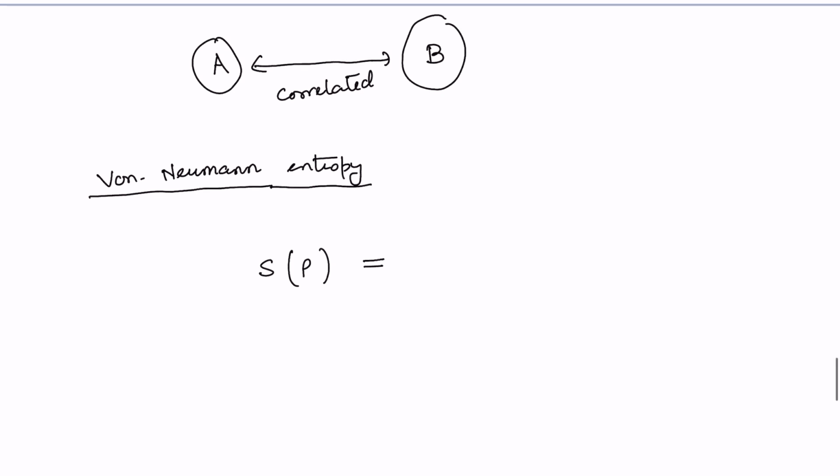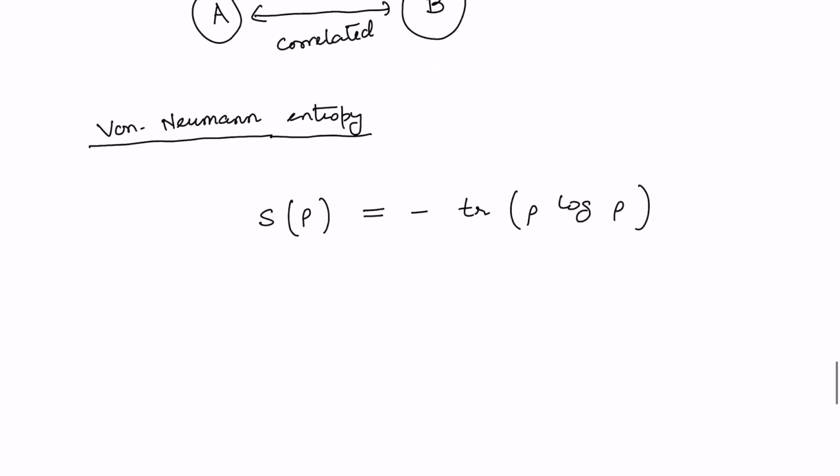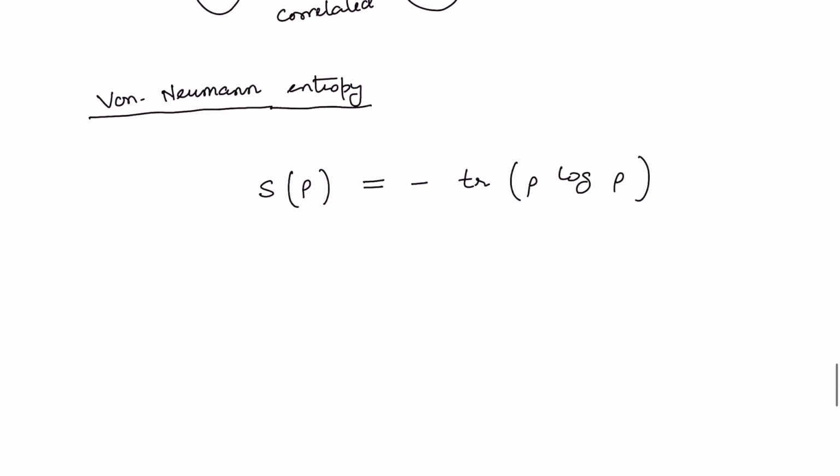Von Neumann entropy is defined as S of rho equals minus trace of rho logarithm of rho. This formula can in fact be worked out from the Shannon formula as well, but with a difference.